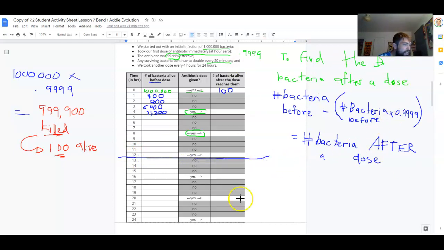You can write this down on your student activity sheets, and then we will work together to fill in the graph. So you'll graph this on the graph sheet that comes next, and then you'll work on questions 6 and 7 in the student activity sheet.